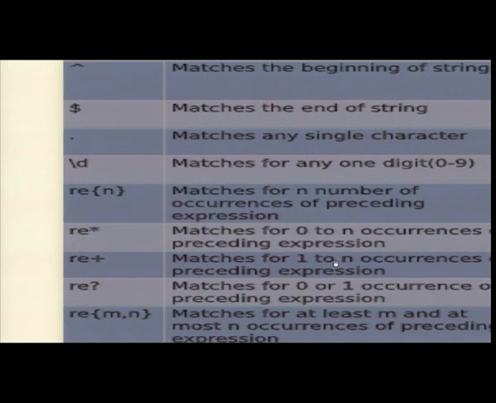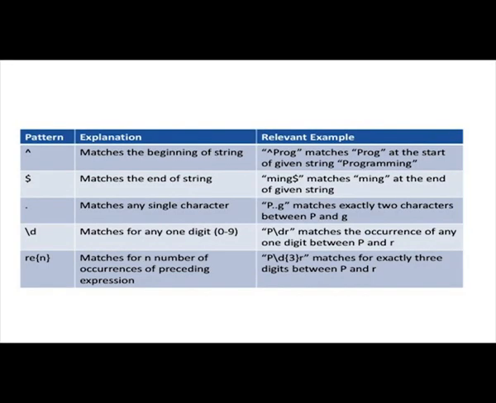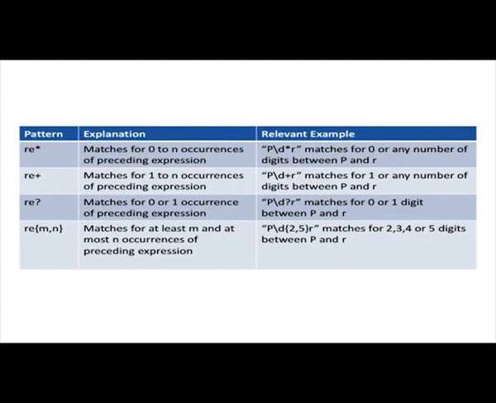Then if I give re{n}, it matches n number of occurrences of the preceding expression, which means if I give it as P\d{3}R, it matches exactly 3 digits between P and R. And if I give re*, it matches 0 to n occurrences of the preceding expression.